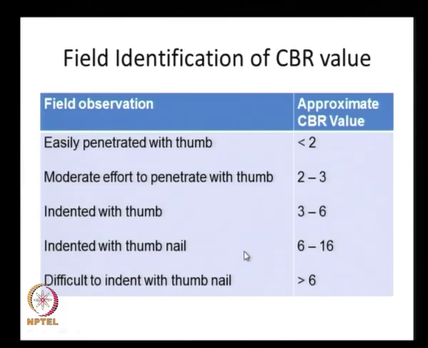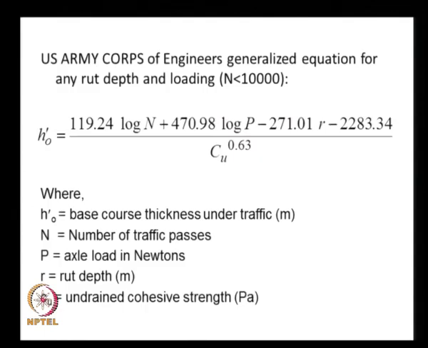Say we are not able to indent with the thumb, but using the nail, if we are able to indent it, the CBR value could be anywhere from 6 to 16, and if we are not able to indent even with a thumbnail, the CBR value could be greater than 16. So, this table gives us some way of identifying the CBR value of the soil that we come across in the site, and this particular formula we have seen in the previous class.